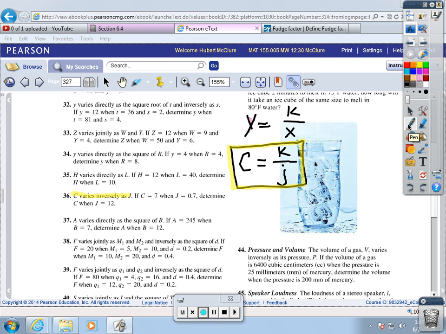All right, if C is 7 and J is 0.7, what are we going to find? Okay, multiply both sides by what? 0.7. Now, 7 times 7 is 49, but 0.7 times 7 is 4.9, sorry.